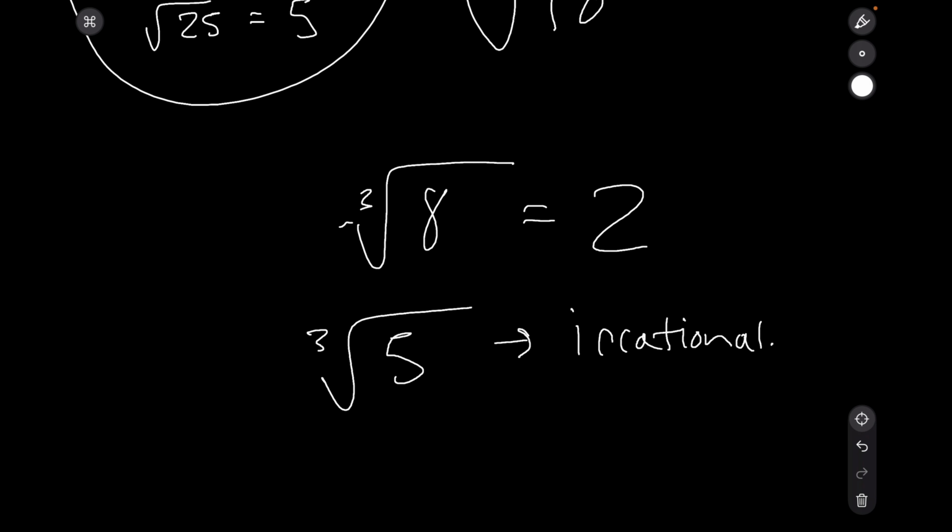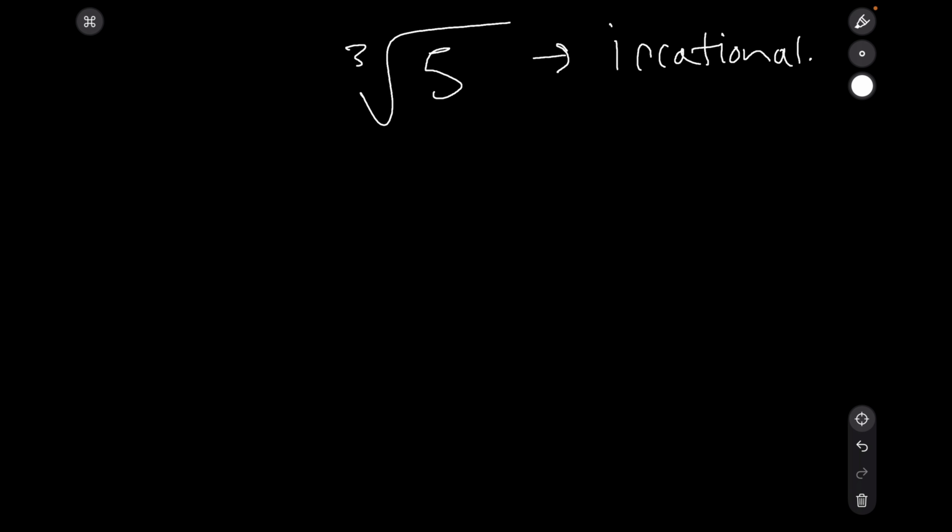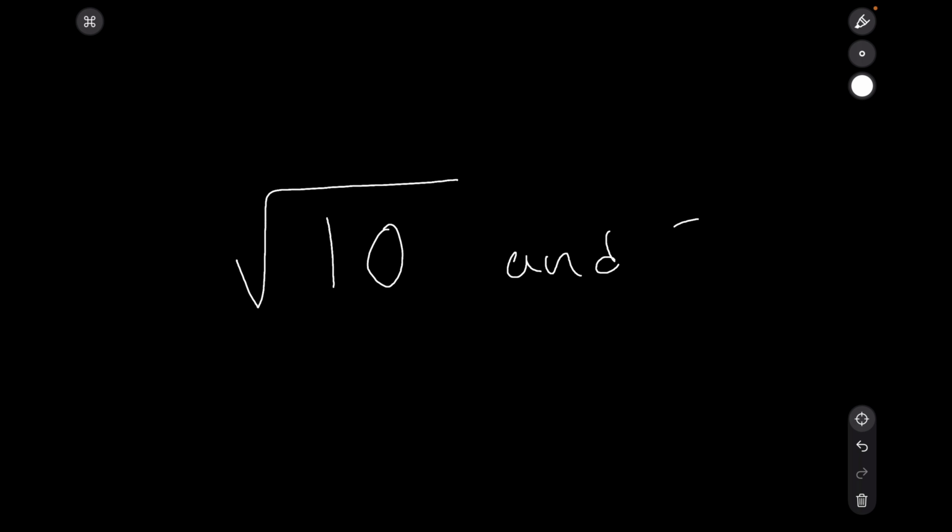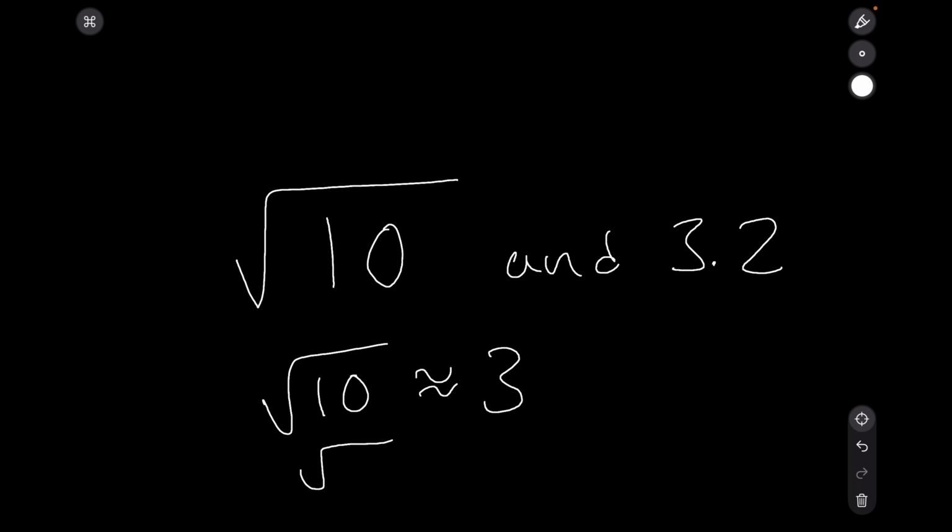So this is how you compare these irrational numbers. You convert them to decimals. So let's go back to what we started with in the beginning. The square root of 10 and 3.2. Well, the square root of 10, we know that's somewhere close to 3 because it's close to the square root of 9.